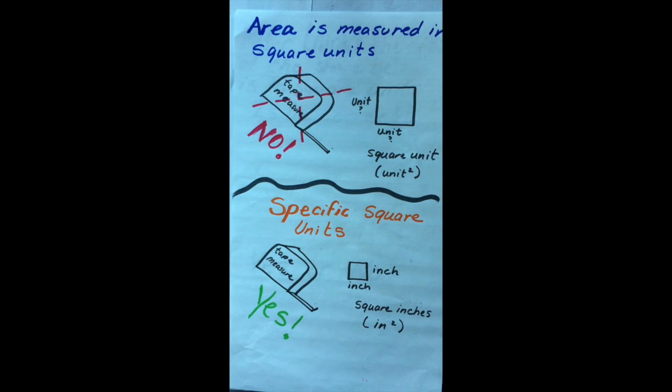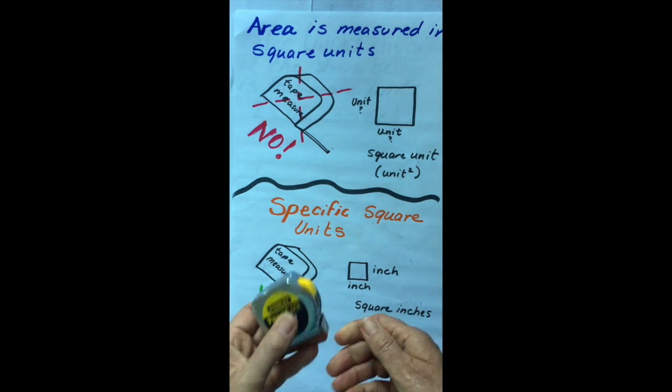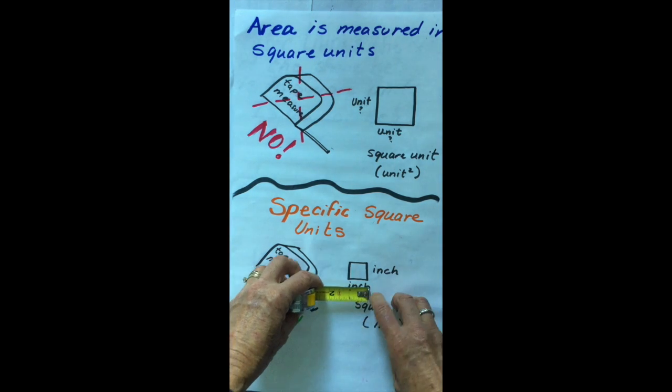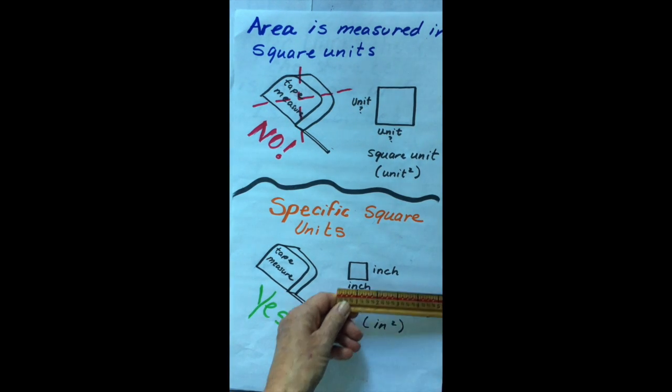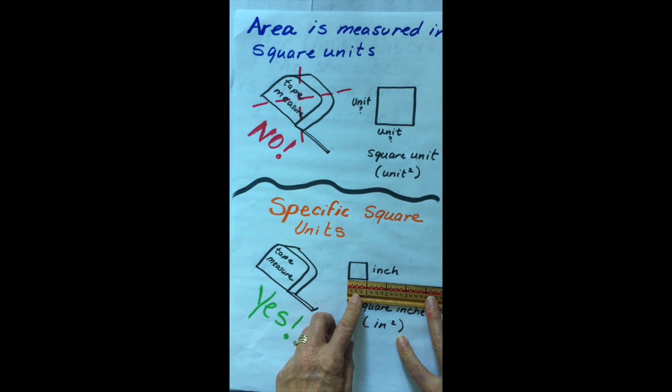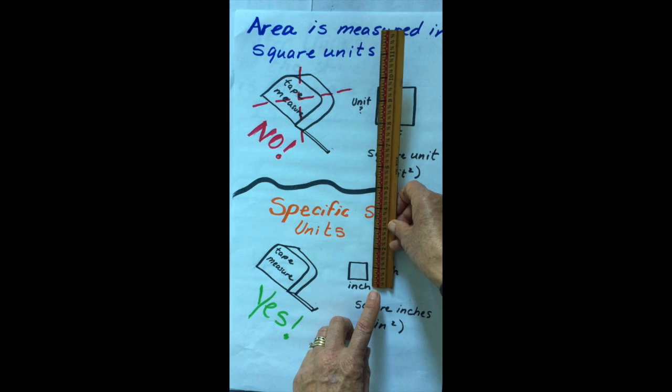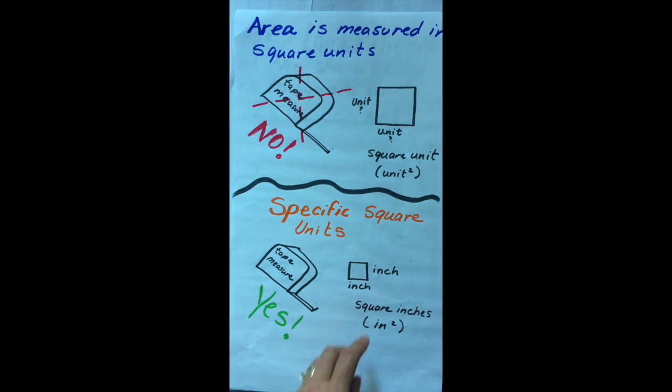Now, sometimes they show you a square and there are specific units. Like they got their tape measure or their ruler and they measured it and said, oh my gosh, I think that length is 1, so let's define that length as 1 inch and this length as 1 inch. Since all the sides are an inch, the length is an inch, the width is an inch.